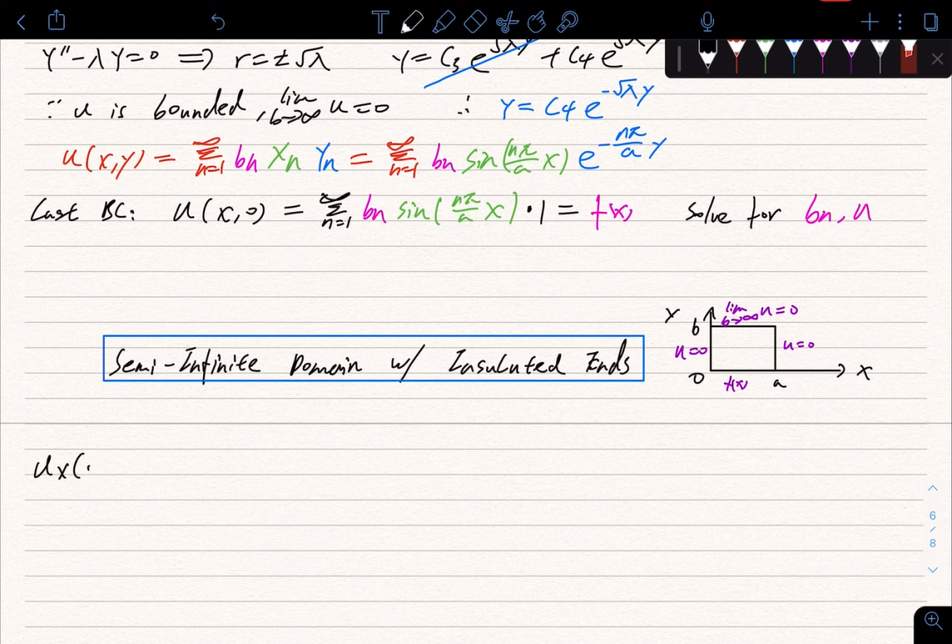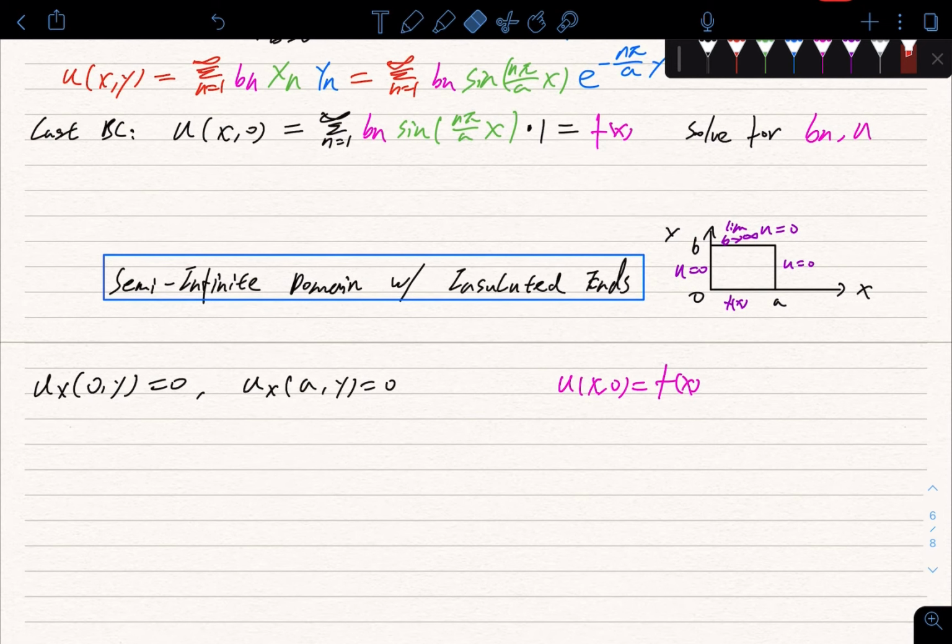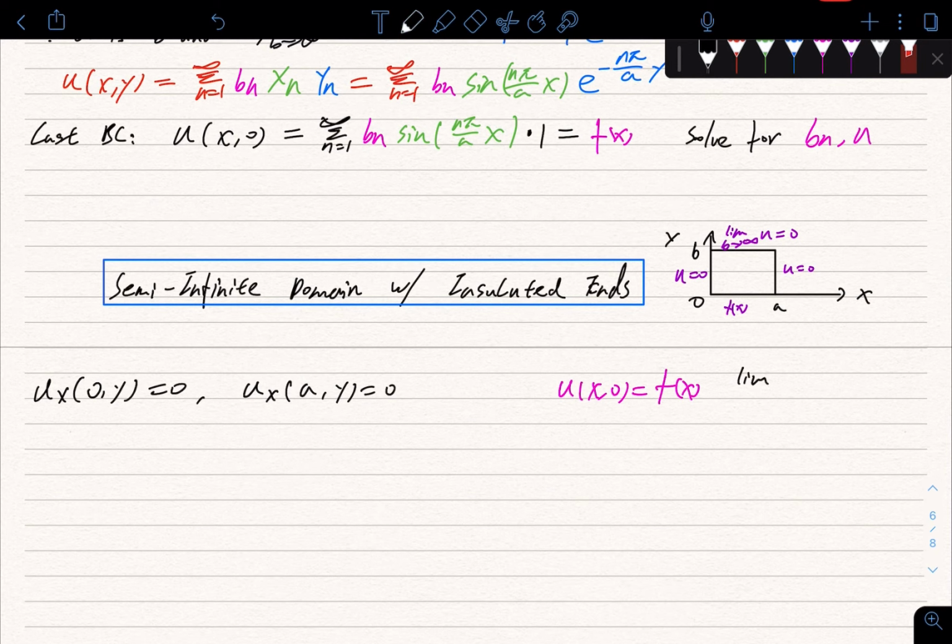u_x(0, y) equals 0. u_x(a, y) equals 0. And now the boundary condition u(x, 0) equals f(x), the initial heat profile, and the limit as b approaches infinity of u(x, y) equals 0.